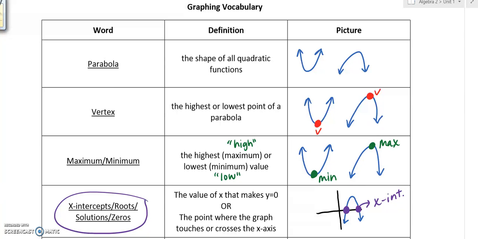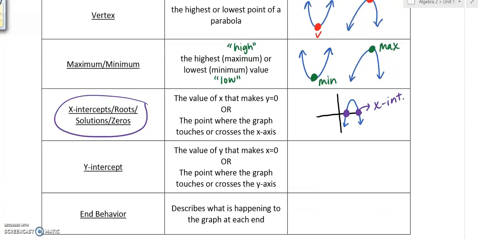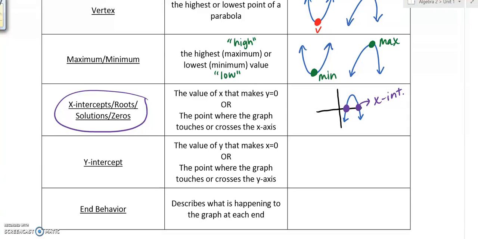Okay, next we have y-intercepts. This is the value of y that makes x equal to 0, or, as we talked about before, where the graph touches or crosses the y-axis. So again, let me draw you a little graph here, and let me put a parabola on it, just like that. The point we're looking for is where it crosses the y.